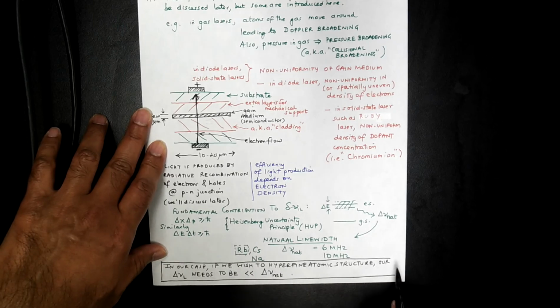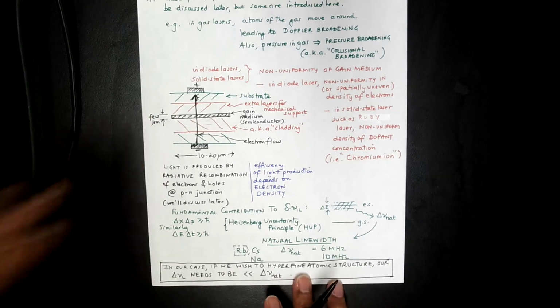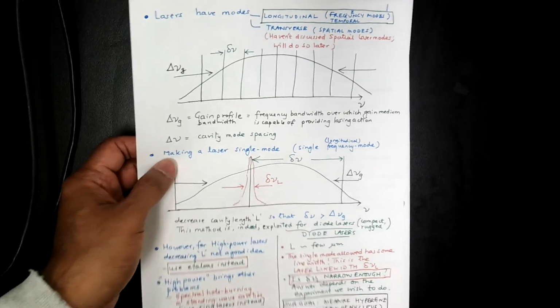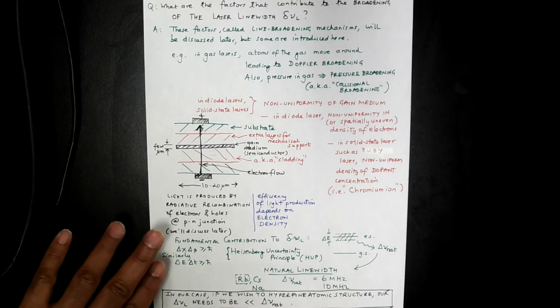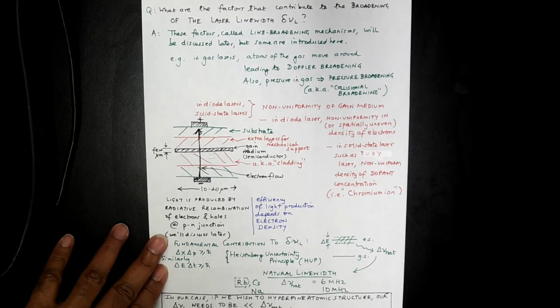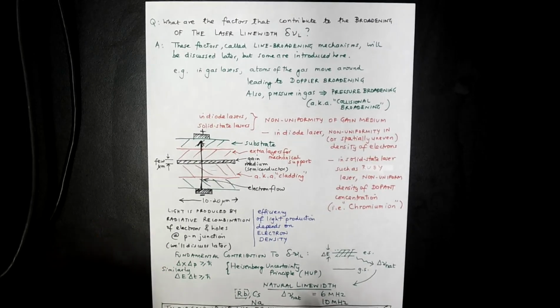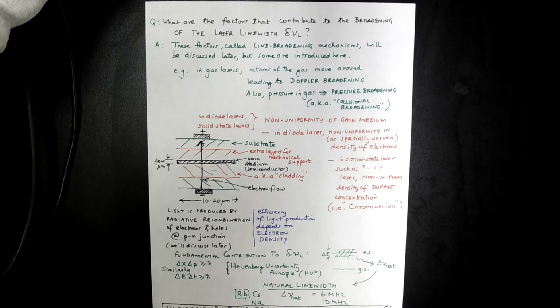We will discuss how much this width is for the diode laser, and then how we can reduce it to a much smaller number, something much less than the 6 megahertz. Okay, that will be all in this one.